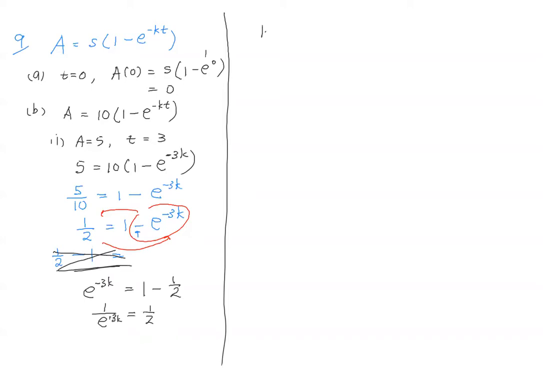From here, what you need to do is cross multiply first. Next step, what to do, Christopher? 3k equals ln 2.